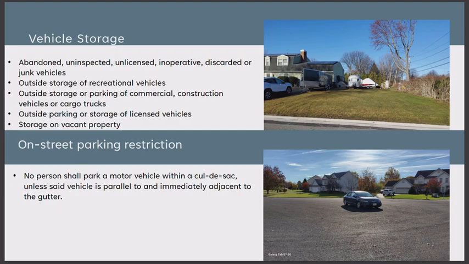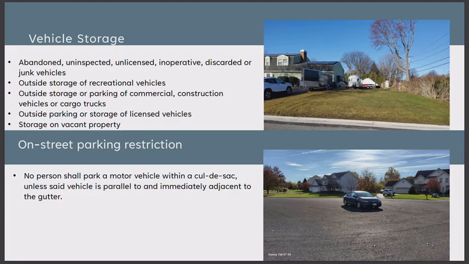That way, instead of having, like in the picture on the top right, multiple recreational vehicles being stored on the property, in a smaller neighborhood, it's going to control the amount of recreational vehicles that an owner can have. There could be exemptions if you have a larger lot or more acreage on your property.